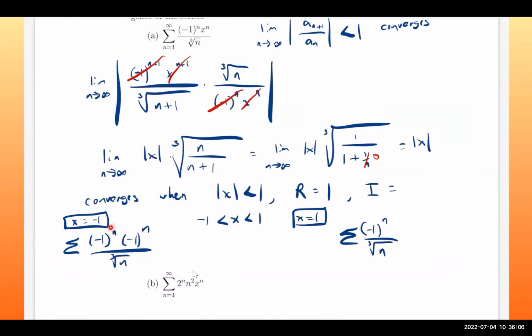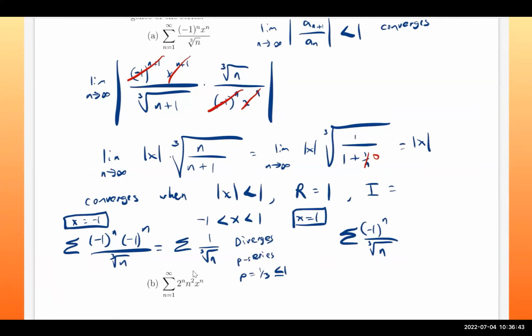For the first one, when you add these two exponents, you get 2n, which makes this positive 1. So this just becomes 1 over the cube root of n. That's a p-series, and it's going to diverge, because p is 1/3, which is less than or equal to 1, so it's divergent.